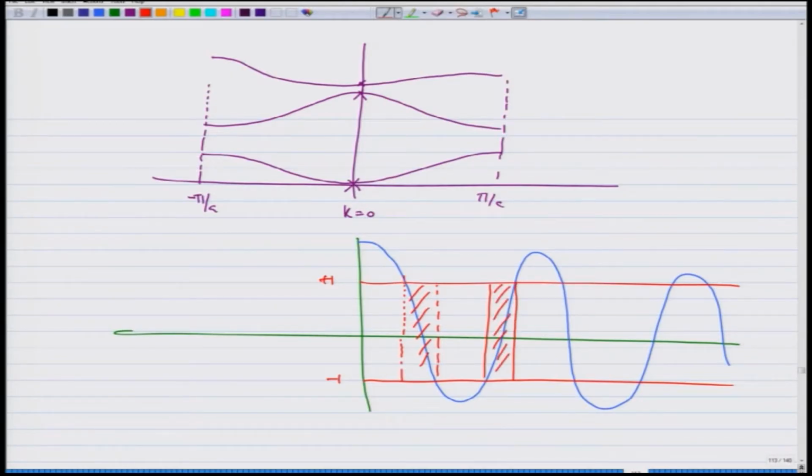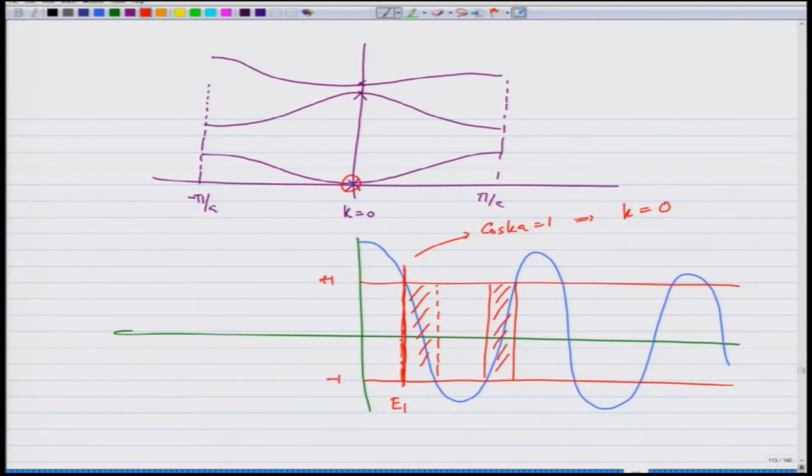Notice that the first minimum of the energy exists right here, shown by the thick red line, and I will call it E1. There cosine of k a is equal to 1, and that means k equals 0. If I restrict k to be between minus pi by a and pi by a, then the only answer for this is k equals 0. So, the first minimum exists at 0, which is shown right here.